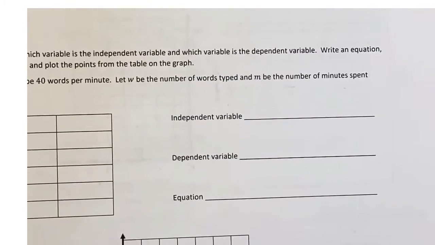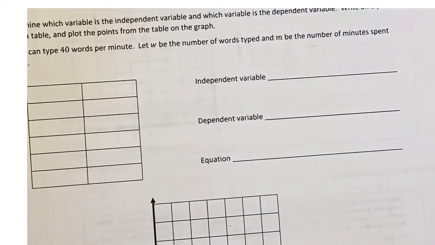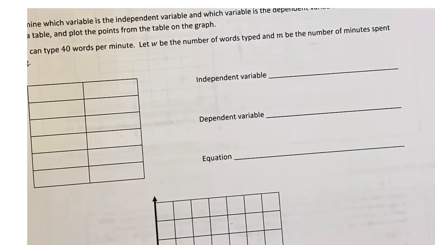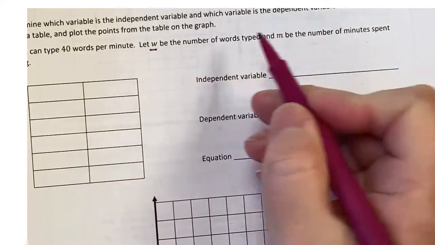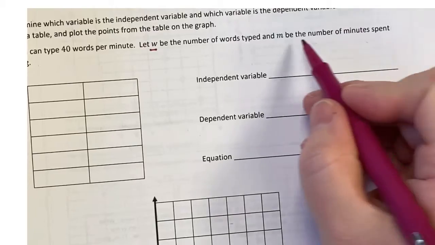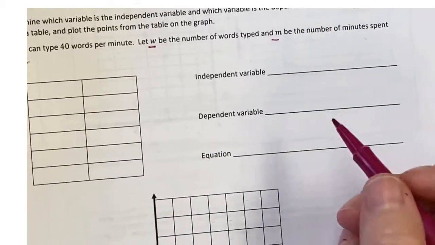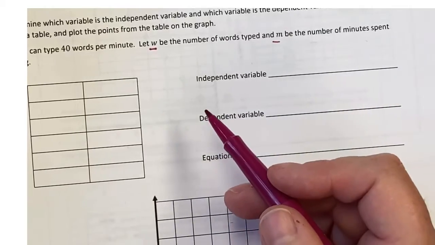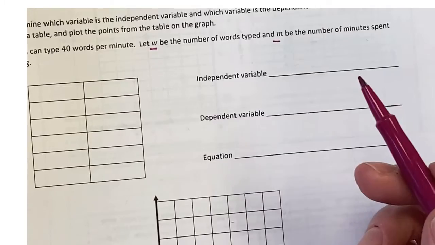Okay, guys, we're going to do one last scenario and we're going to put it all together. This is Enoch and he can type 40 words per minute. We're going to let the W stand for the words typed and the M stand for the minutes that were spent. So which depends on which? If I type so many words, is that going to tell me how many minutes?